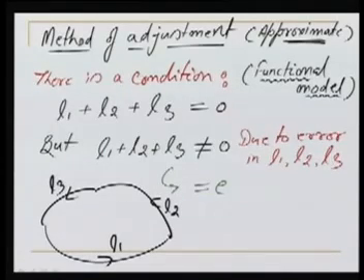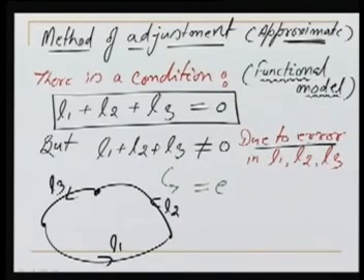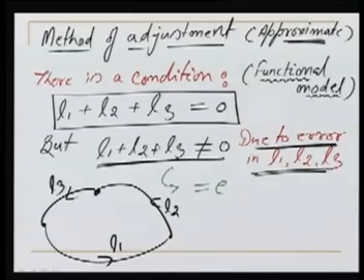In this problem we know that L1 plus L2 plus L3 should be equal to 0 if the observations do not have any error. But due to error in L1, L2 and L3, it will not be so. We also understand this because whatever precision we apply in the field, random errors will still be there. Yes, the amount will be less, but they will be there.